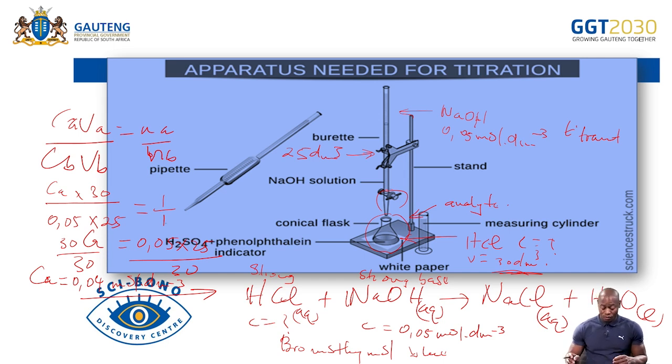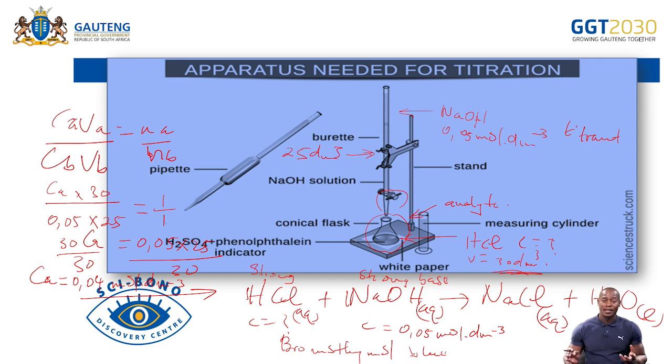All right, so then from there, another thing which is important here is the choice of the indicator. Please make sure that you choose a suitable indicator. So you can't use methyl orange, right? If you are having a reaction of hydrochloric acid and sodium hydroxide.